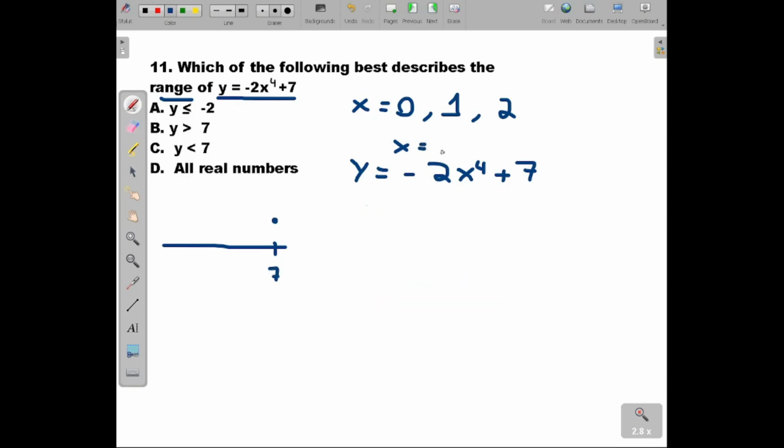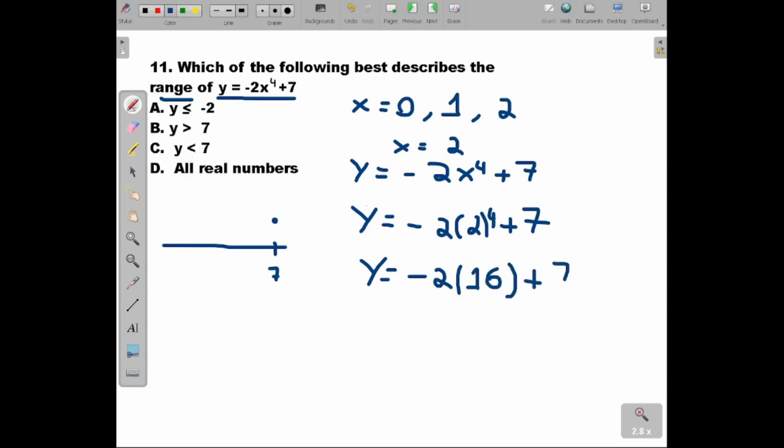Now what if x is equal to 2? y equals negative 2 times 2 to the power of 4 plus 7. 2 times 2 is 4, 4 times 2 is 8, 8 times 2 is 16, plus 7.